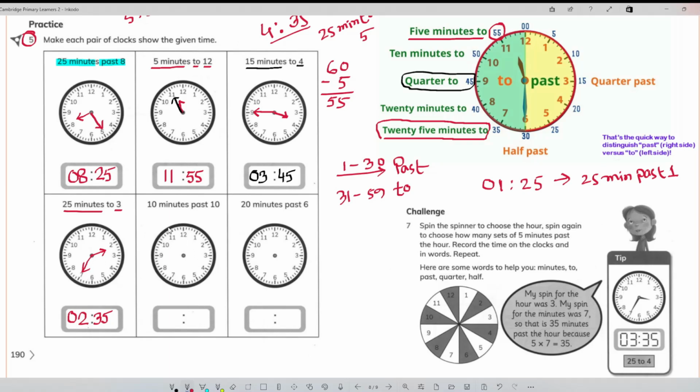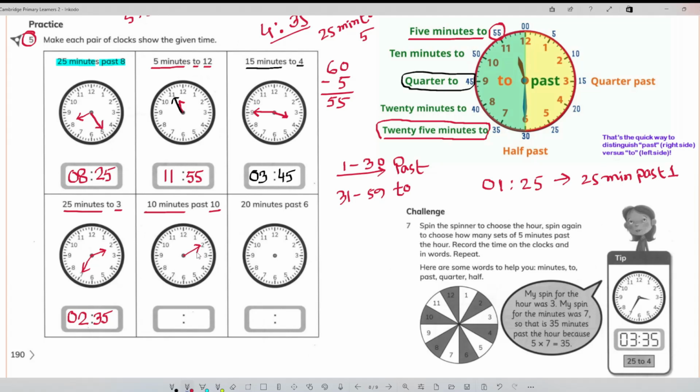Okay, now 10 minutes past 10. Past means 0 to 30 it will be past. So 10 minutes past 10, 10 minutes means 2. The hour hand needs to be a little bit shorter, okay, so we can draw like this.